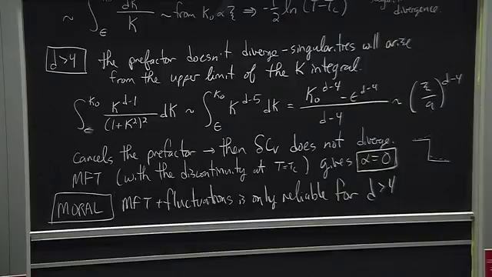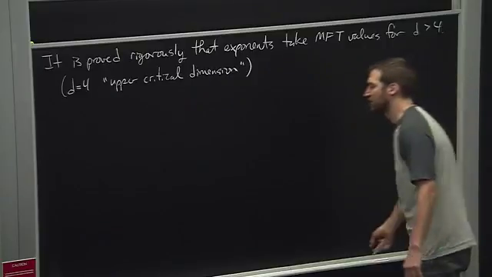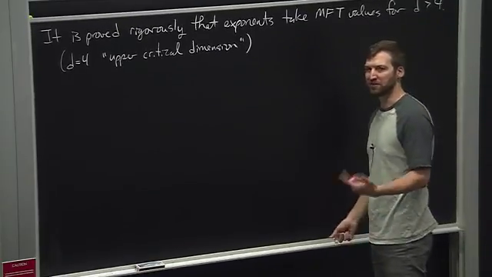So again, d equals 4 is the upper critical dimension, like I wrote over there, above which the theory is self-consistent.